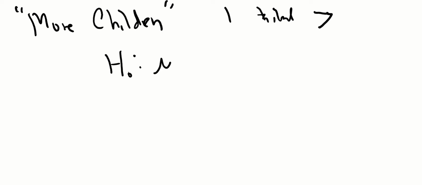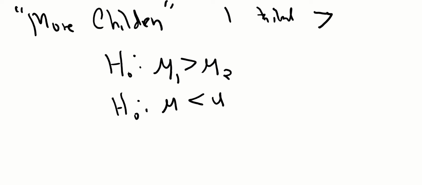So we instantly know this is a one-tail test, because it says more. And we know that the null is basically that they don't, and our alternative hypothesis is that they do.